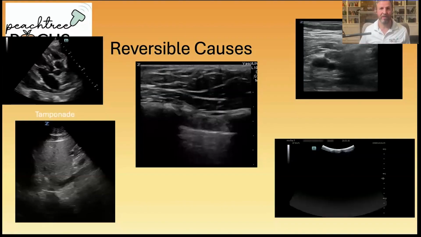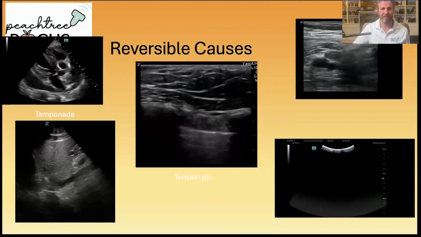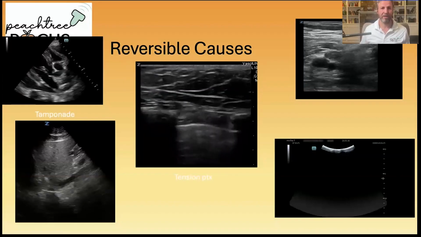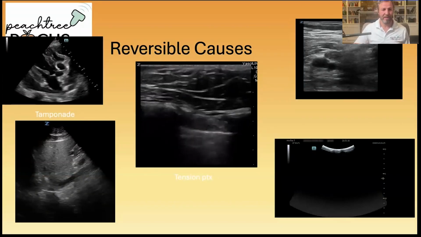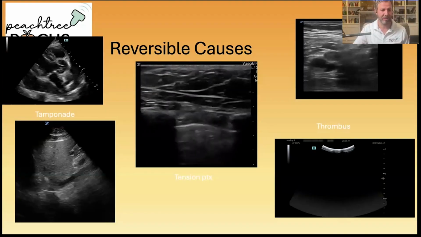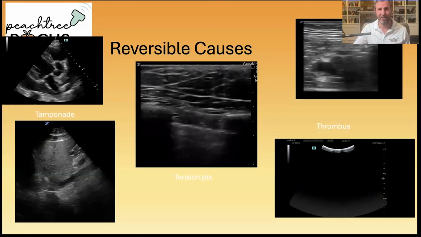You can quickly identify a pericardial effusion causing the arrest. There's tension pneumothorax, where lung ultrasound can help you pick this up in seconds. There's thrombus, as mentioned, so a massive PE is on the list.